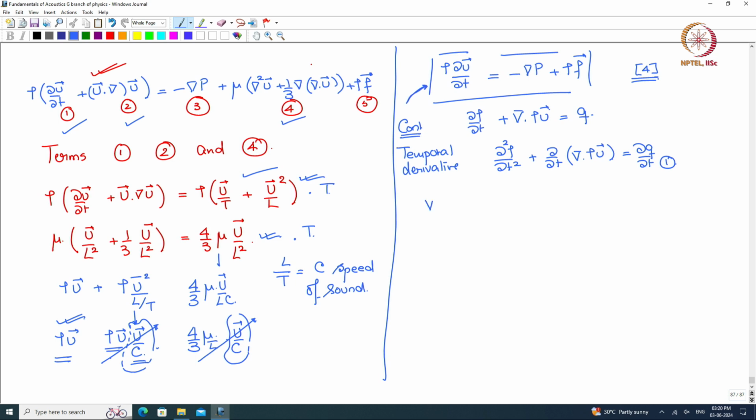So we do del dot of rho del u by del t is equal to minus del square of p plus del dot of rho f. We will call this 2.